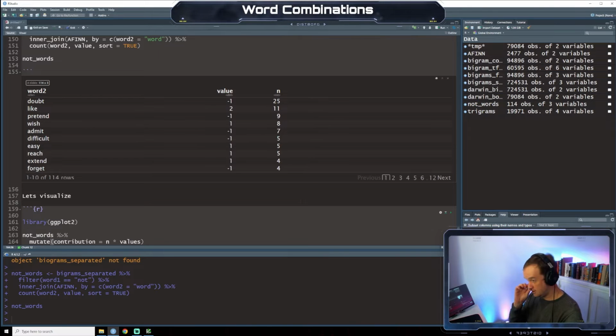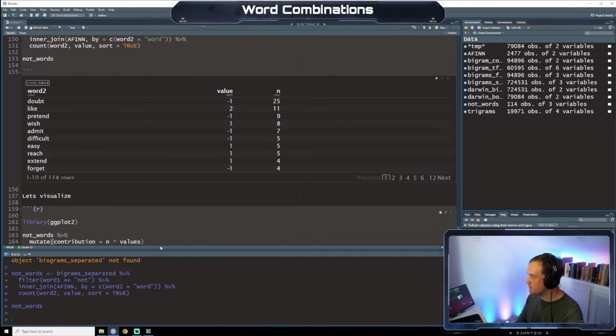So we're getting the overall sentiment, which is what we score times how many times it appears in the text, right? So doubt would be -25. Not doubt would be positive, but we're getting -25 to our overall score. Like is 2, so 2 times 11 is 22. We would be getting 22 positive, so good sentiment, even though it's not like, right?